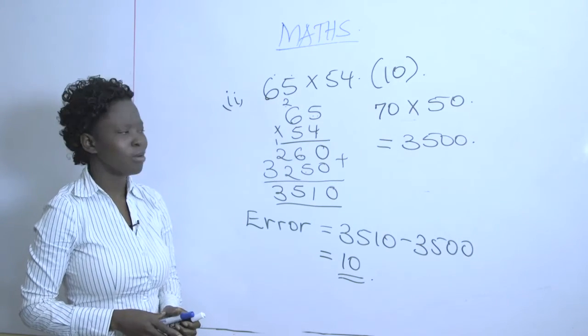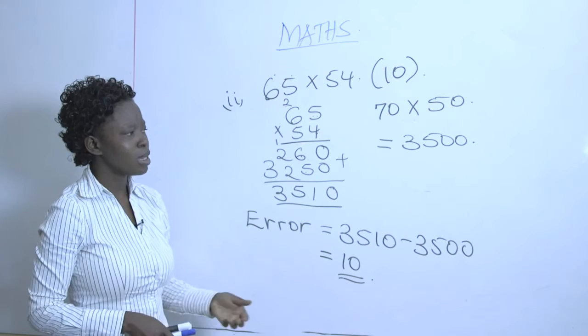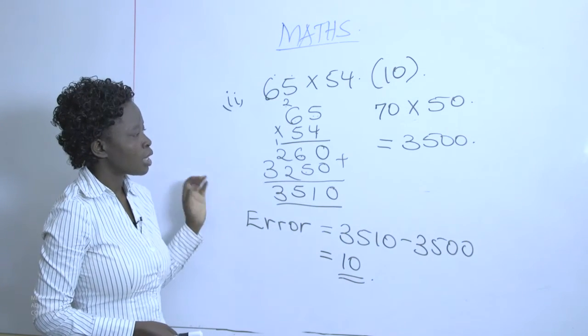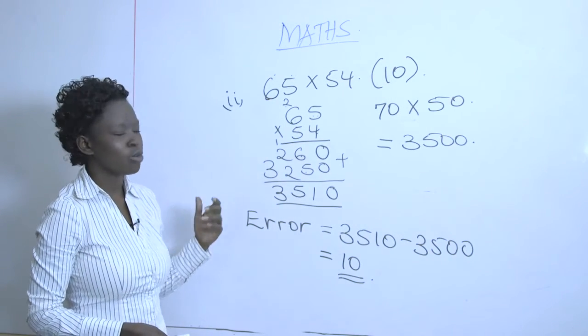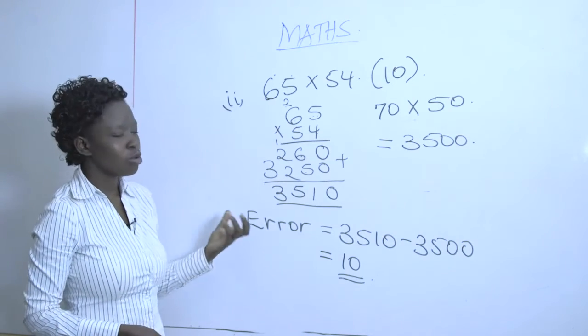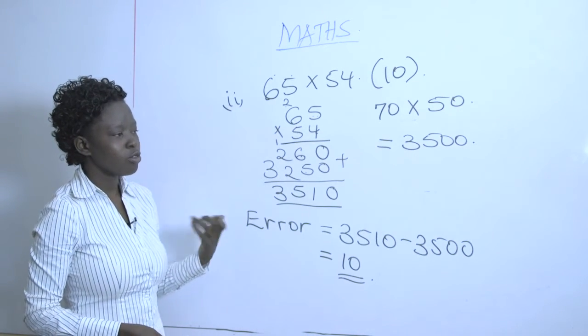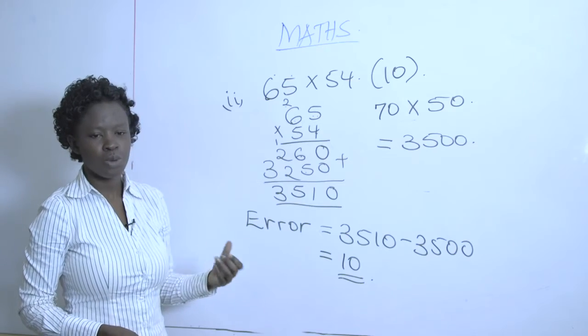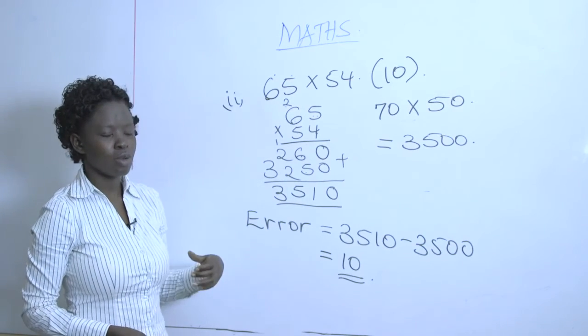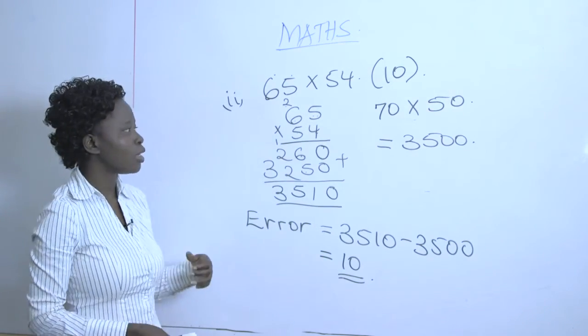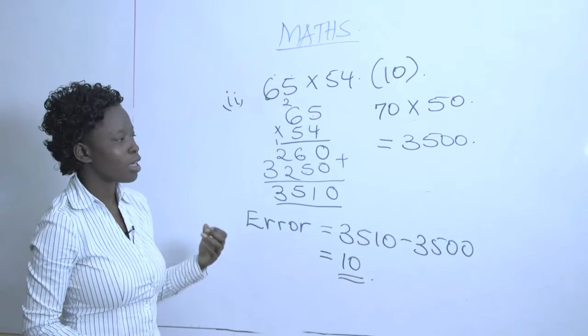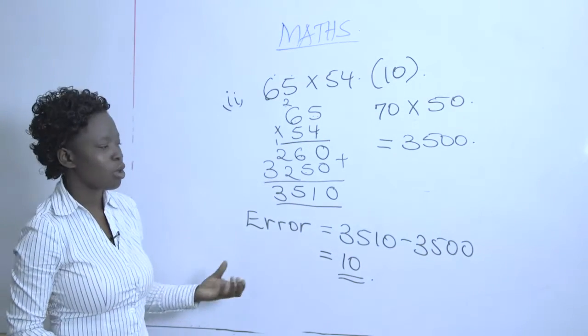Estimation is used in our day-to-day lives. In so many occasions, in so many cases, we have to estimate. When you are going out for shopping, maybe, and you've carried some cash with you, you are simply estimating. You may not know the exact prices of the items you are going to buy.